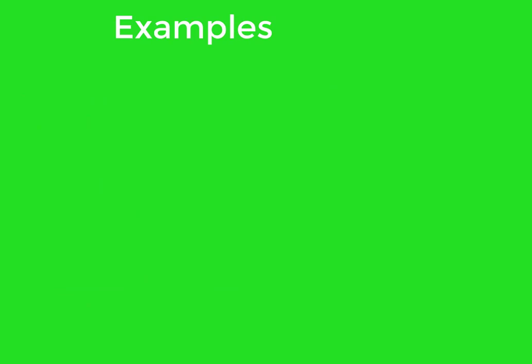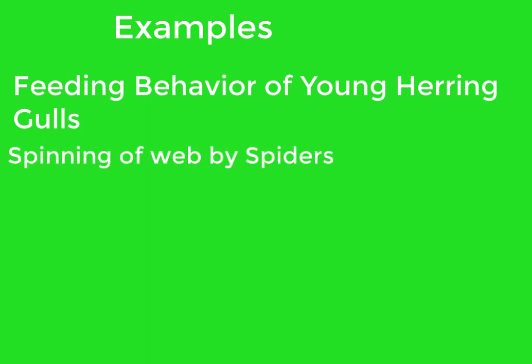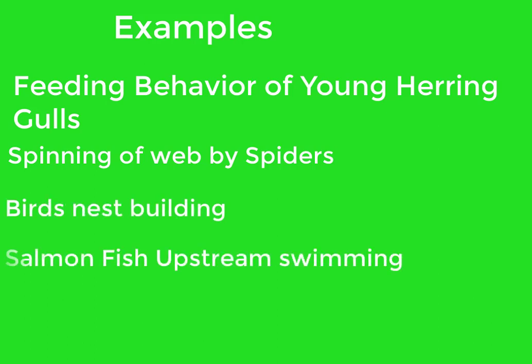The best examples of instinctive behavior are feeding behavior of young herring gulls, spiders spinning of web, birds nest building, and salmon fish swimming upstream.